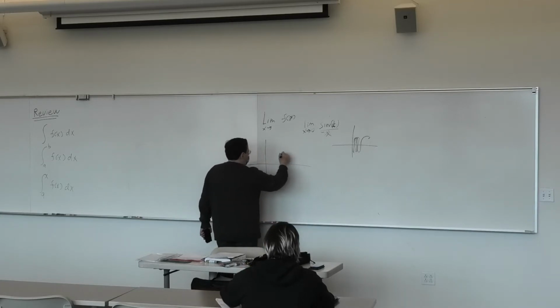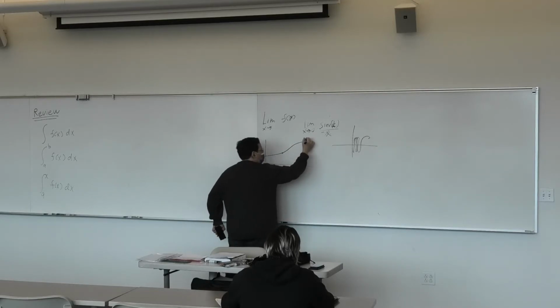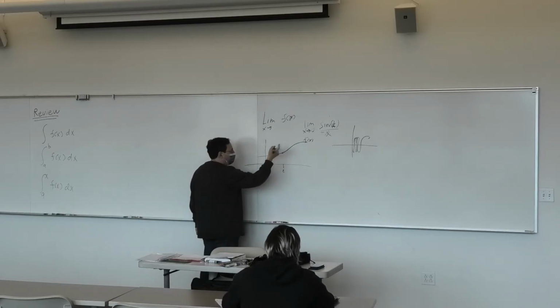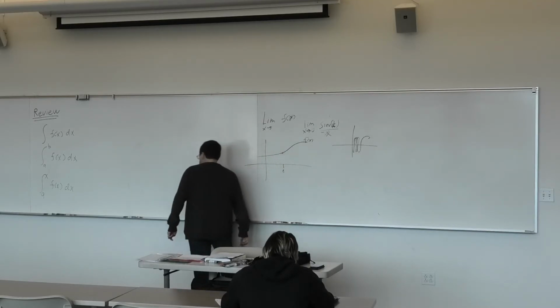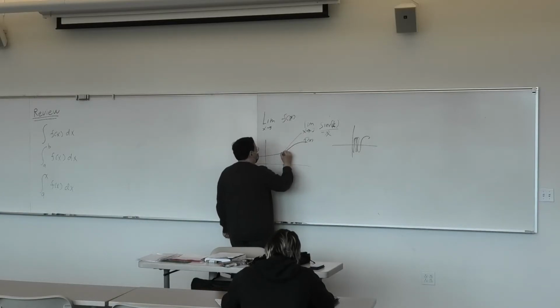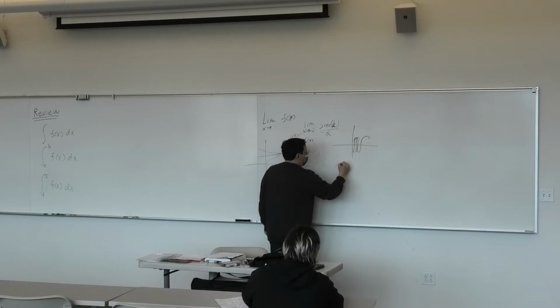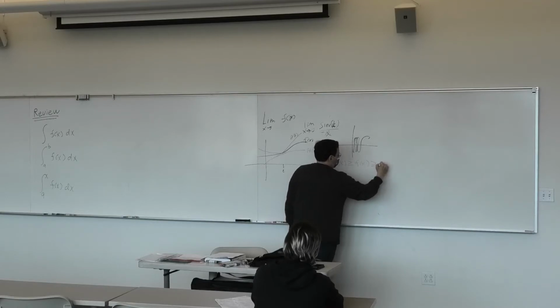So our strategy: we want to find some limit at some point. Let's say it's hard, but if we can find bounding functions, say a g function and an h function, and we know that g is always greater than or equal to f, which is always greater than or equal to h.